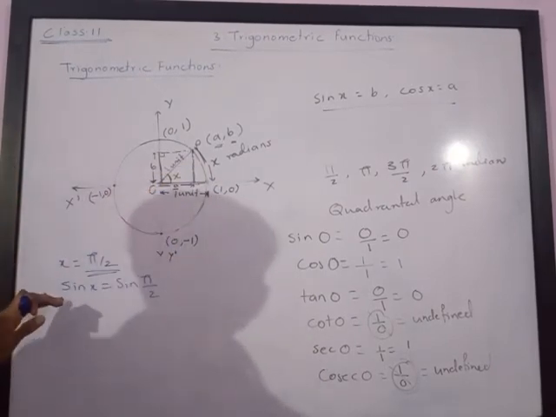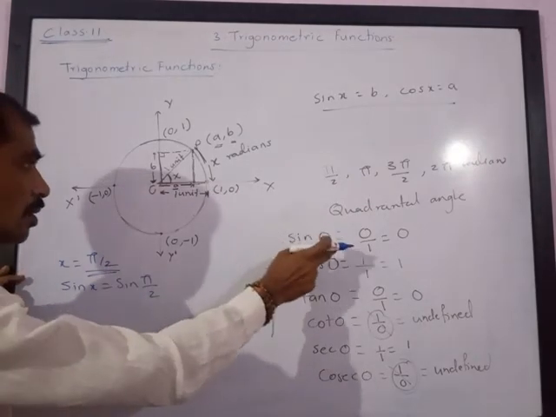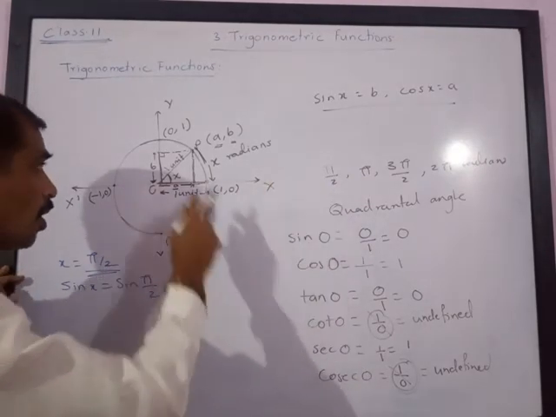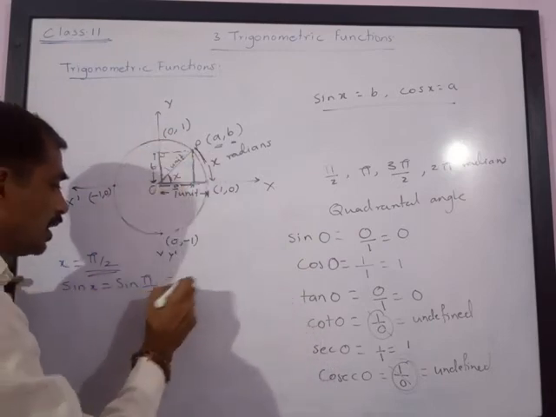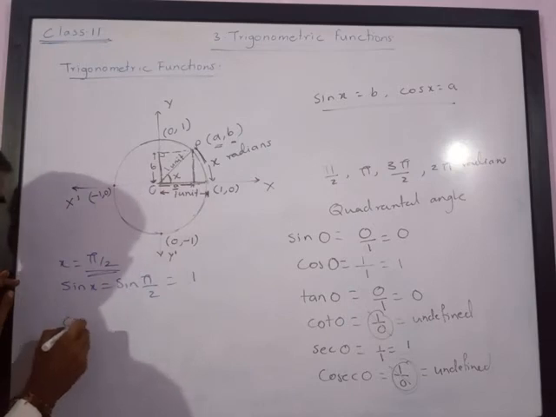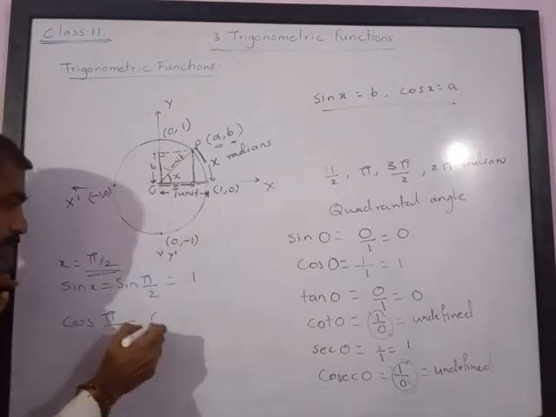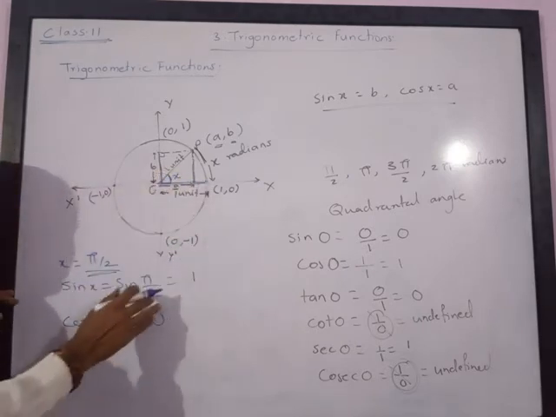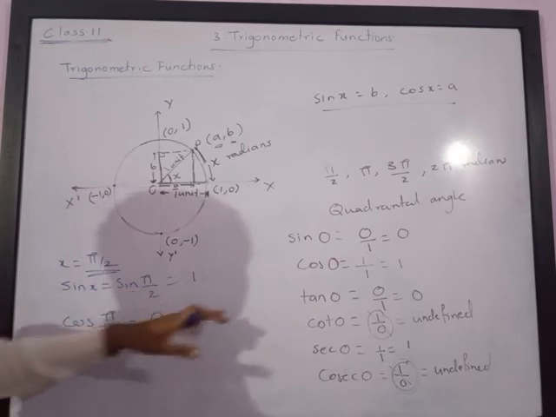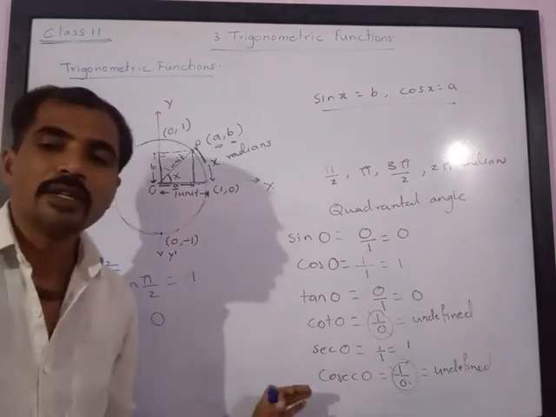So, we will get sin x is equal to B upon B will be equal to 1. Since point is here, we will get it 1. Cos of pi by 2 is equal to 0, since adjacent distance will be 0. And similarly you can find the remaining ratios.